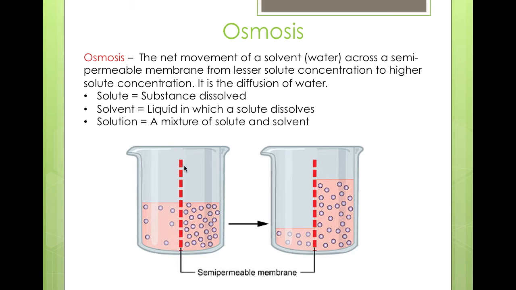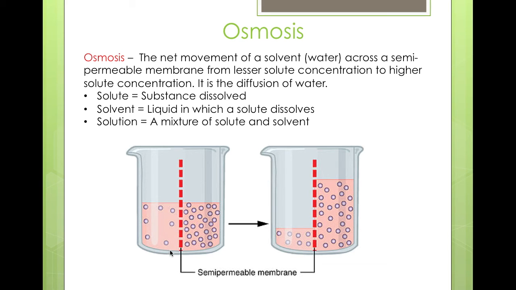And what that means is that this divide has big enough holes that allows water to go through, but it doesn't allow this big purple molecule, which in this case, let's call it sugar, to go through. So if you even the beaker out, you put this right in the middle, and on the left side is very, very few sugar molecules dissolved within the water.